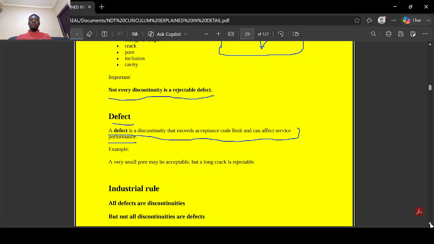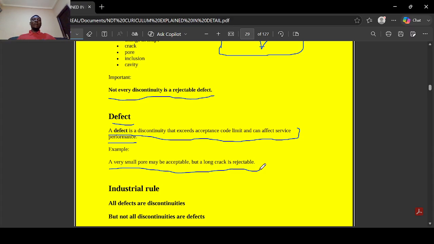A very small pore may be acceptable, but a long crack is rejectable. Okay, let me explain cracks. Just like the wall of your house, sometimes you see cracks on the wall. If you don't arrest it in time, that crack will keep expanding.